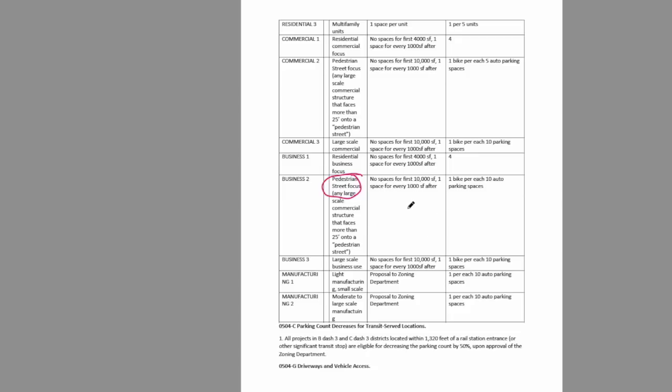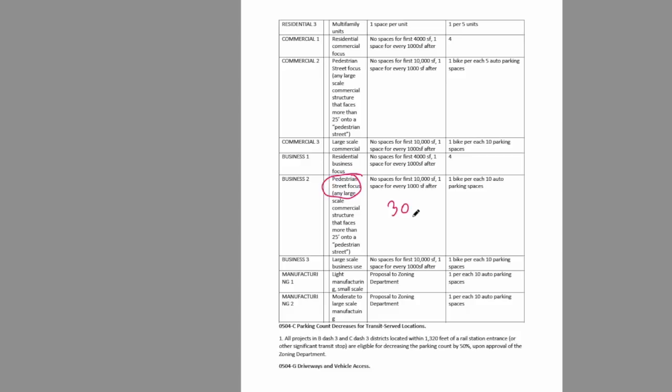And it says no spaces are required for the first 10,000 square feet, and then one space for every 1,000 square feet after that. So we have a 40,000 square foot assumed building. We subtract 10,000, leaves us 30,000 square feet. We divide that by 1,000. So we've got a parking lot of 30 spaces. Now, things might change a little bit. We might go a little bit larger in our building, or a little bit smaller.